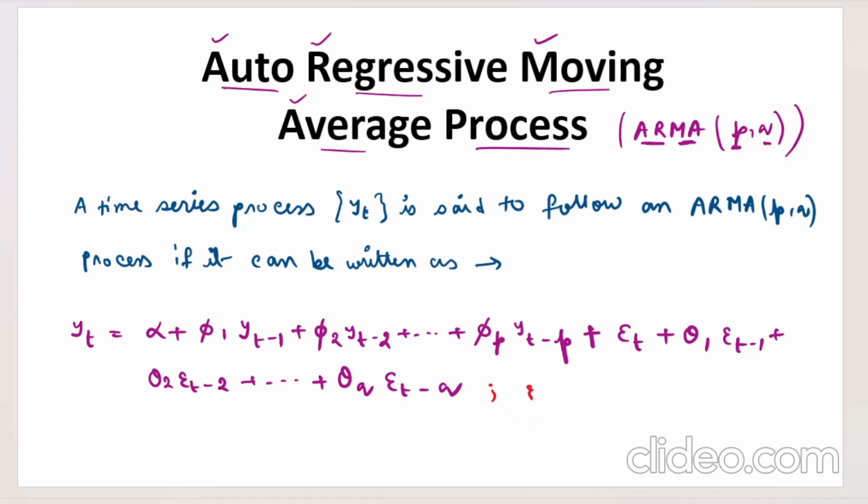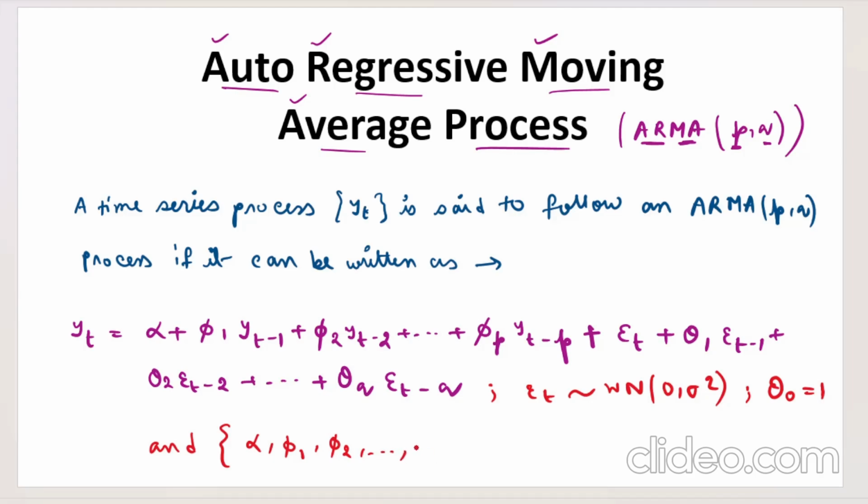Where the epsilon t's follow white noise with mean 0 and variance sigma square, theta naught is 1, and alpha, phi 1, phi 2 up to phi p, and theta 1, theta 2 up to theta q are all constants.